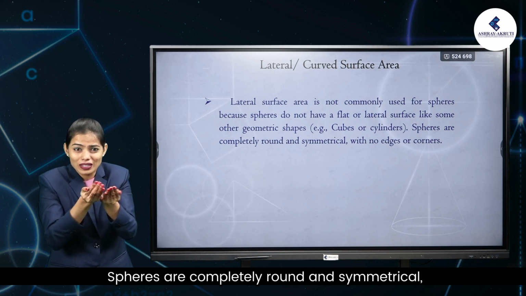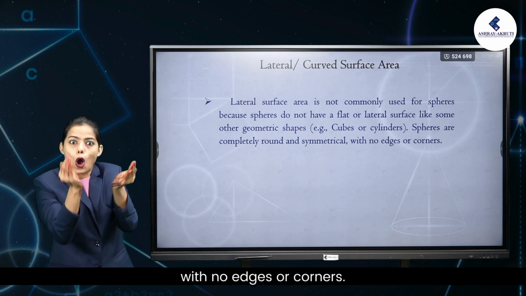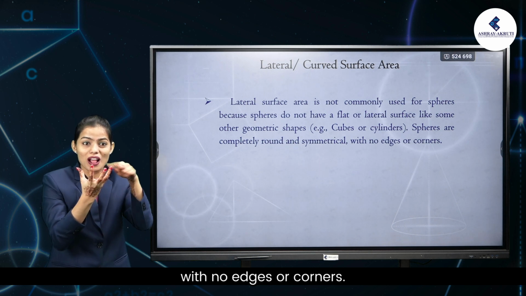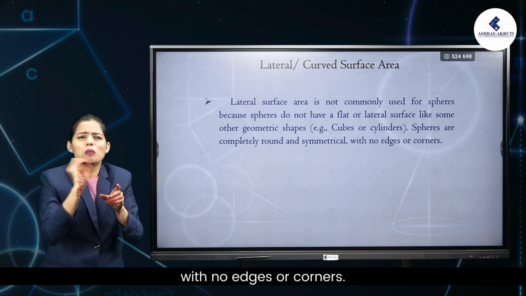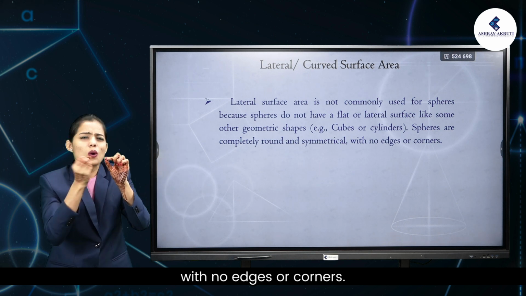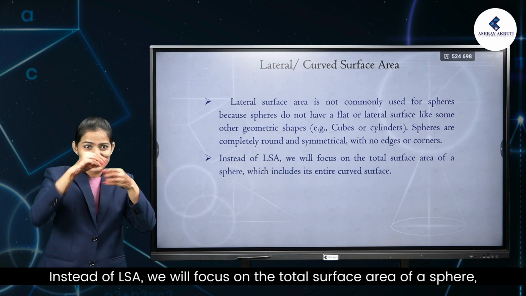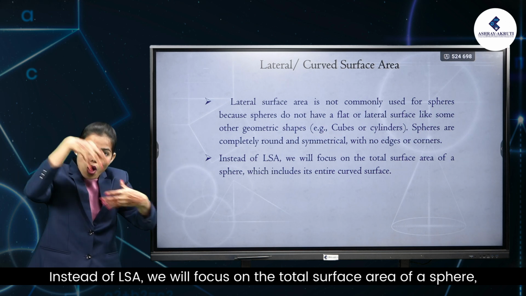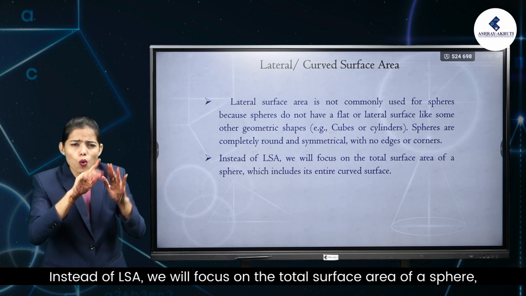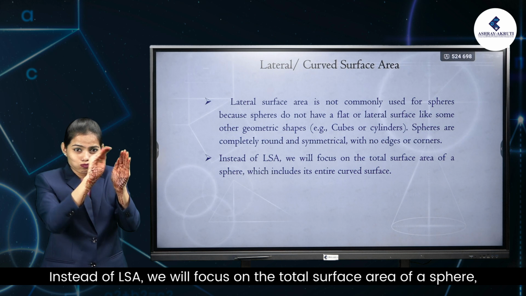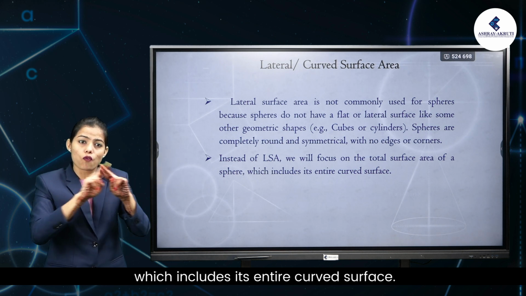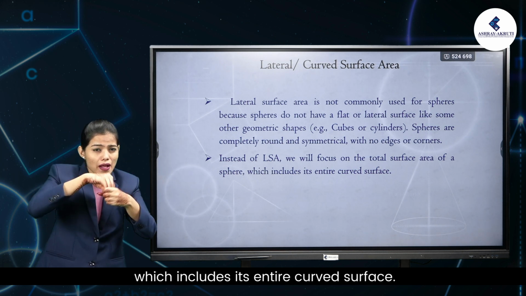Spheres are completely round and symmetrical with no edges or corners. Instead of lateral surface area, we will focus on the total surface area of a sphere, which includes its entire curved surface.